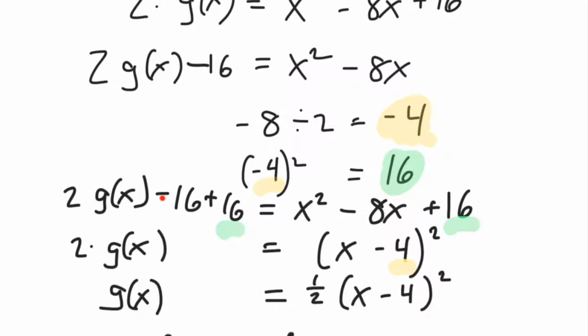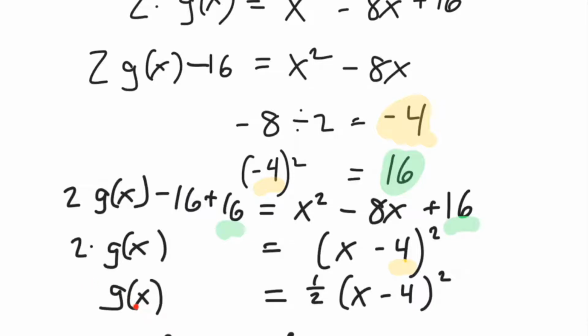x minus 4 squared. Now we notice that, lucky us, the 16 and the negative 16 cancel out, so there's nothing down here, and we're just left with 2g of x. And in order to get g of x all by itself, we're going to divide both terms on both sides by 2.